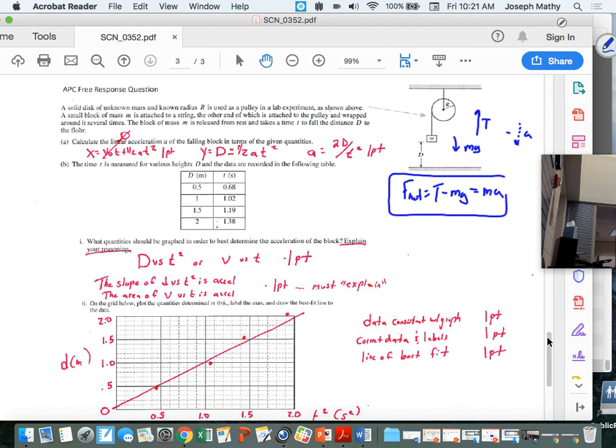I allow this to be credit. But on the AP exam, this isn't credit because you did not plug this in to this equation or acknowledge it in any way, shape, or form.